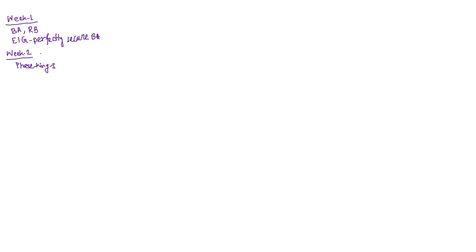So if I just briefly write down the communication complexity and the tolerated corruption threshold: in case of EIG protocol it was almost order of n to the power t plus 1, whereas the corruption was t less than n by 3.